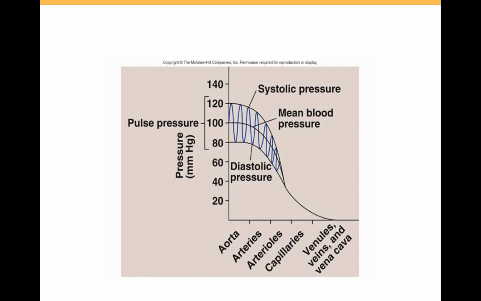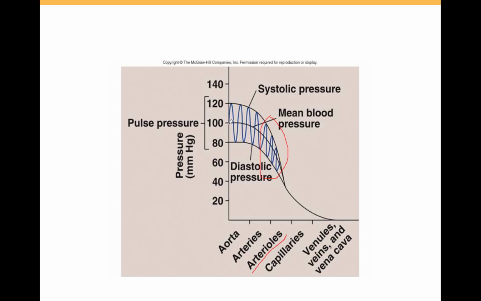Now, on the previous PowerPoint, we actually took a look at this chart. When we looked at the pressure changes, I mentioned that the most significant drop in pressure is associated with arterioles, which is what is represented in this region. You can see it's relatively flat until it reaches the arteriole, when you have this significant dip.